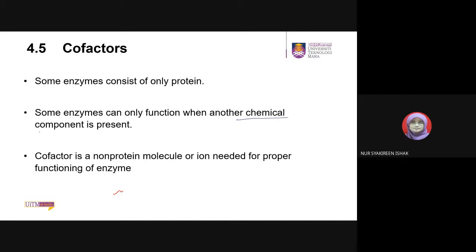In order to activate the enzyme and for it to be able to catalyze a reaction, it needs this other component, which we call a cofactor. So a cofactor is a non-protein molecule or ion needed for proper functioning of an enzyme. The cofactor will activate the enzyme to catalyze the reaction.